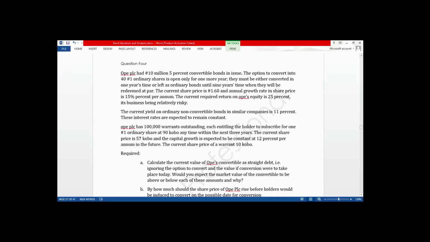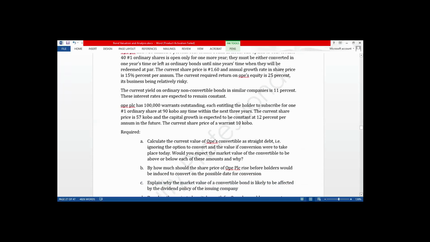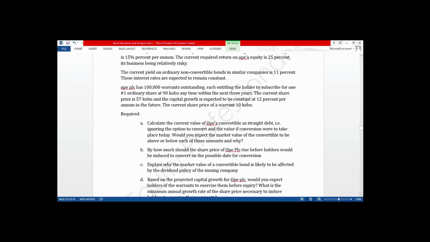Requirement C is theory, but we can explain that. Examiner says, explain why the market value of a convertible bond is likely to be affected by the dividend policy of the issuing company.